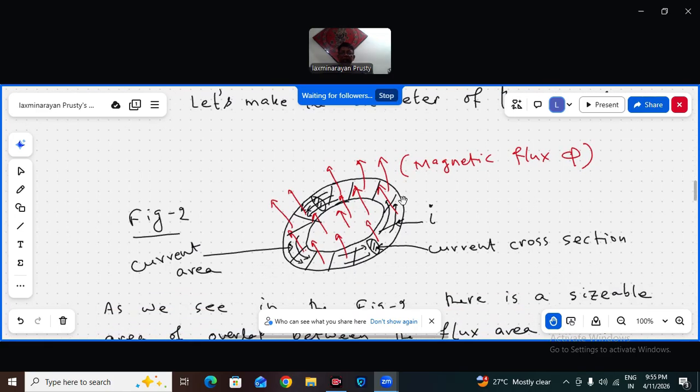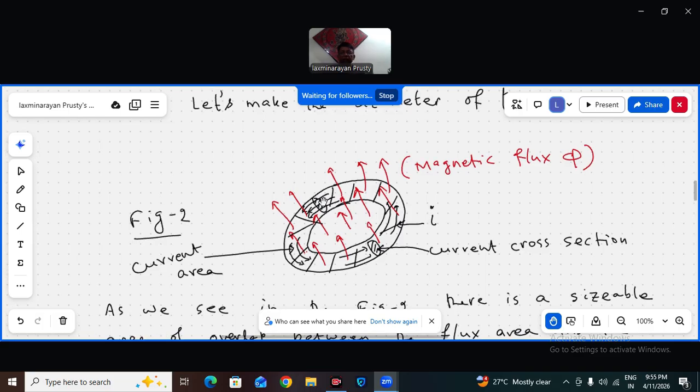See the diagram. This is the wire now. The wire cross section area is this, that loop I marked here. This is the cross section area of the current carrying wire. So earlier it was just a line because the diameter was extremely small.